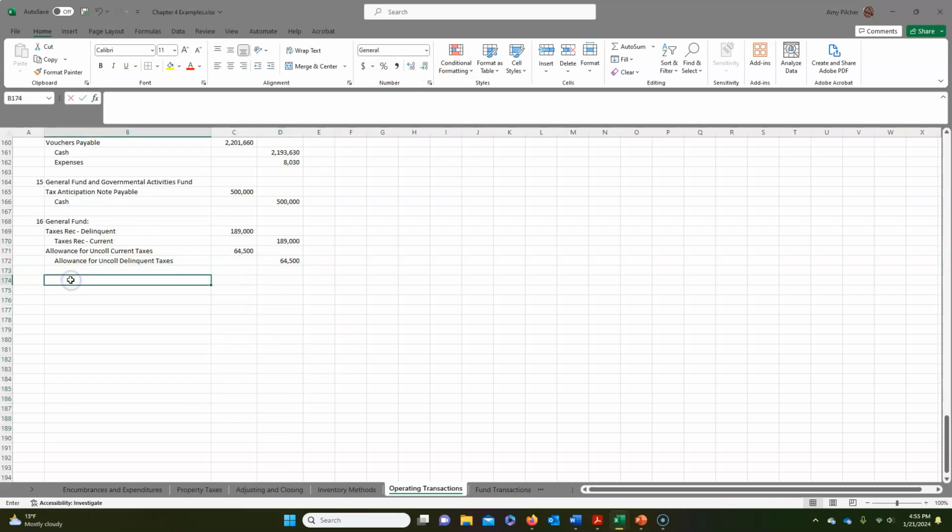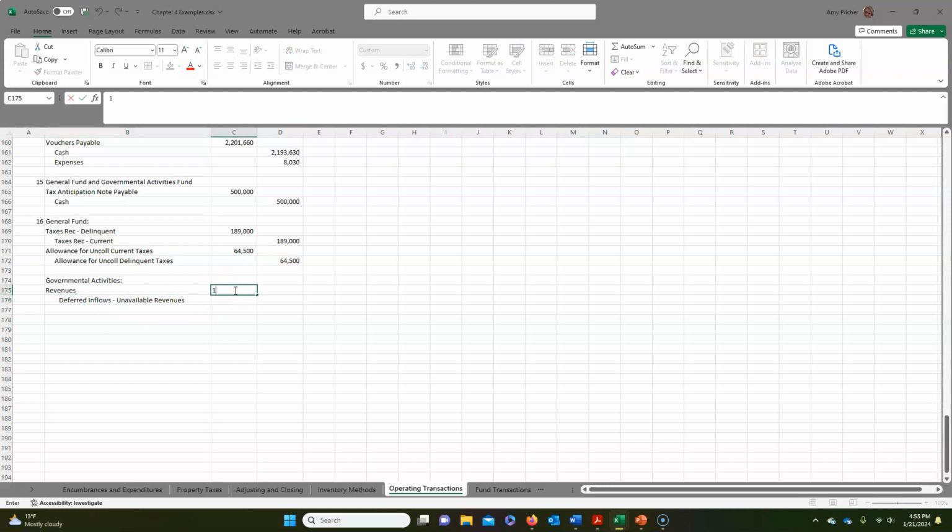Then in governmental activities, we're going to reduce our revenues by debiting revenues, and then we're going to credit deferred inflows on available revenues.